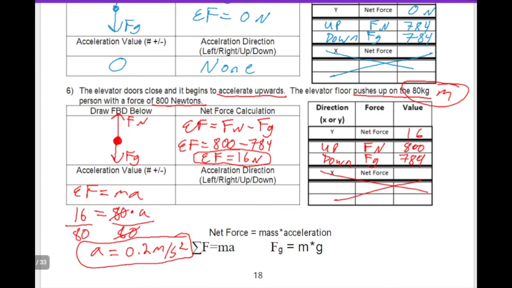It asks what direction, but it also tells us that in the problem. It literally says accelerates upwards. So the answer is up. We also know that it's up because this is a positive acceleration, and the positive direction in the y plane is the upward direction.